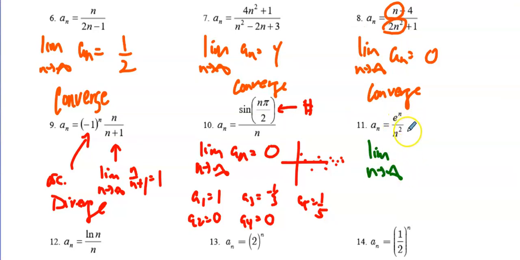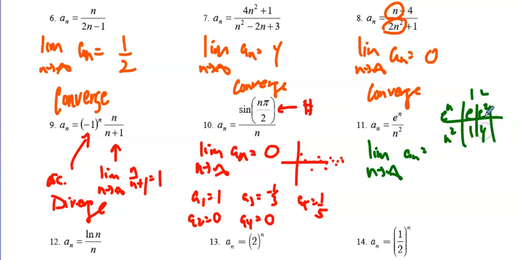So speaking of bottom heavy functions, or actual function dominance, if you look at example number 11, we look at e to the n over n squared. One of the things that we can do is, when n is equal to 1, we get e over 1. Well, e is bigger than 1. When n is equal to 2, we get e squared over 4. Well, e squared is much bigger than 4. And if we go to 3, we get e cubed over 9.